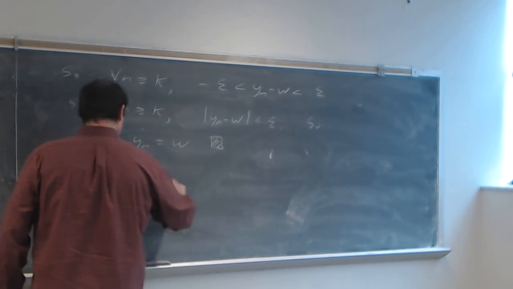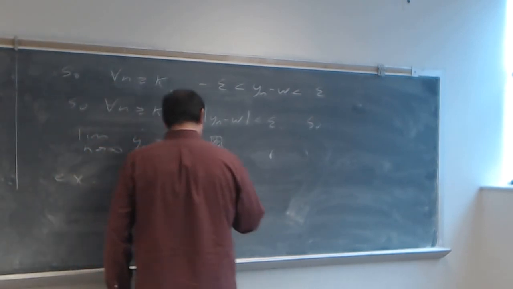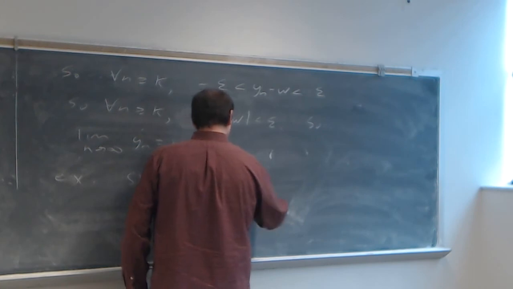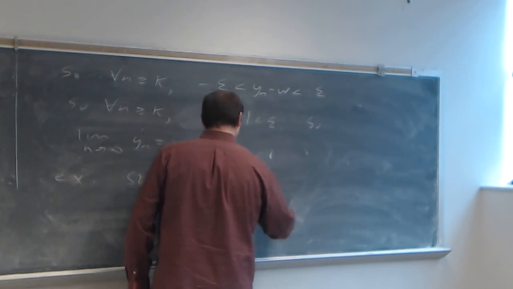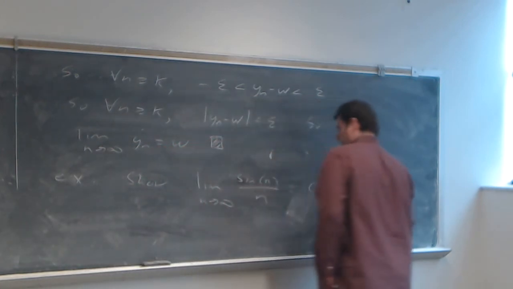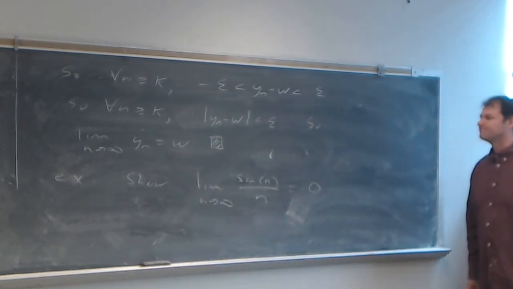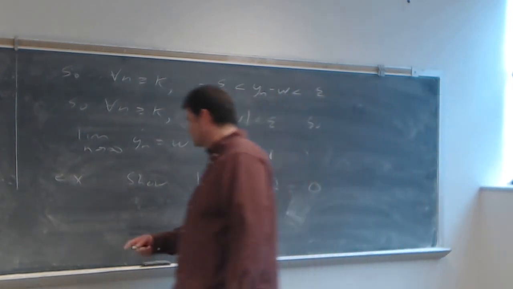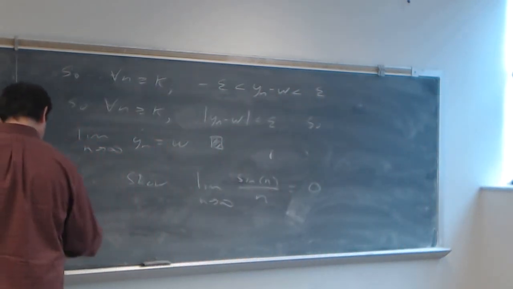Show the limit as n goes to infinity of sine of n over n equals 0. I can do that. So here's the proof.